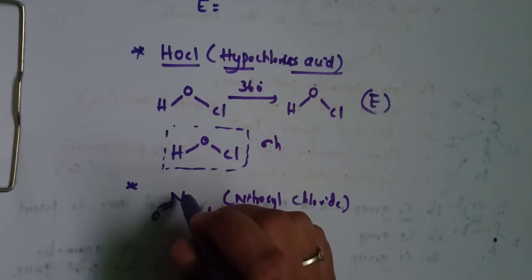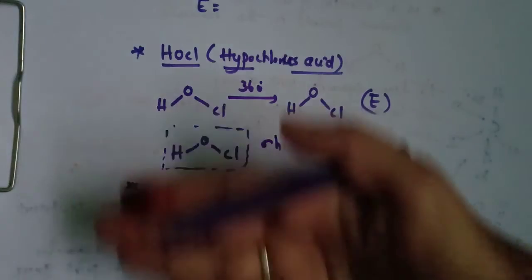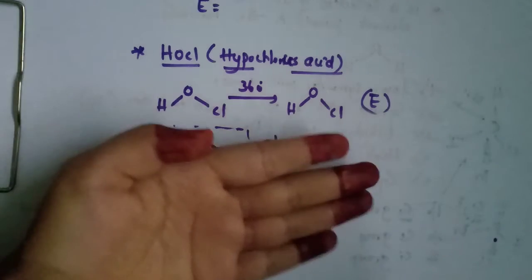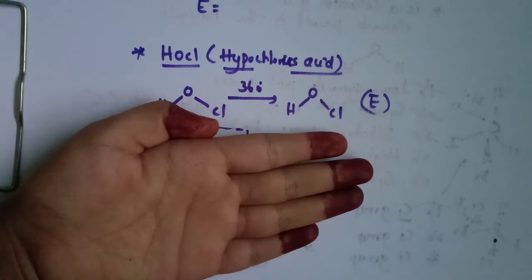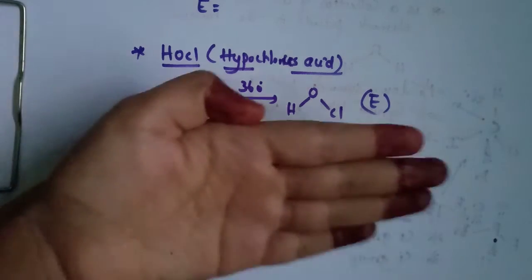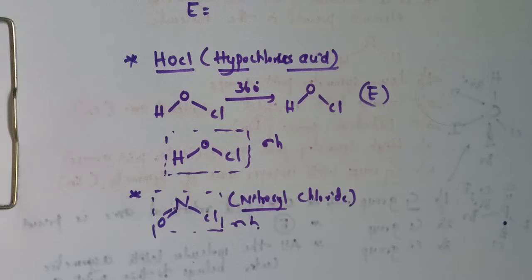Now it has a principal axis, and if you cut the molecule like this, it is perpendicular. It will bisect the molecule horizontally. So this NOCl is also having E plus sigma H, that is identity plus horizontal plane of symmetry.